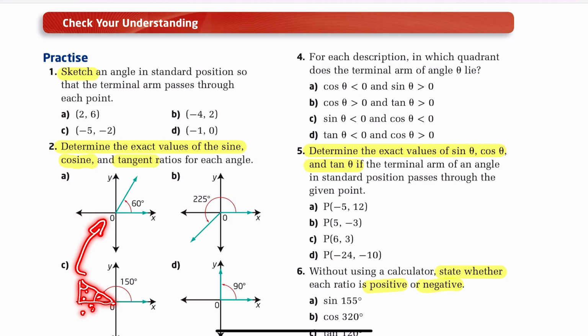Just remember that in this section your sine is positive and your cosine is negative. Here you have a 90 degree angle, so your r and the y are the same, so r is equal to y. So this tells you that the sine of 90 degrees is 1, and the cosine of 90 degrees is 0.